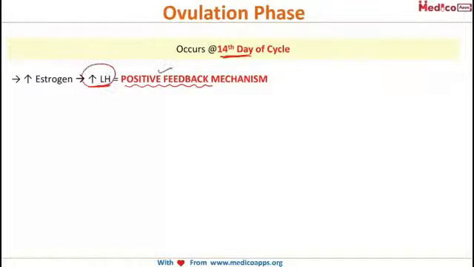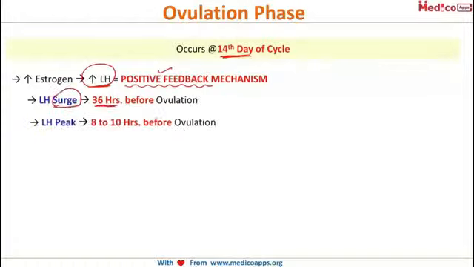So, when does this LH level increase? There are two types of increases in the LH level. Let's understand the difference between these two. The first one we are looking at is LH surge, and it occurs 36 hours before ovulation. LH peak occurs 8 to 10 hours before ovulation.